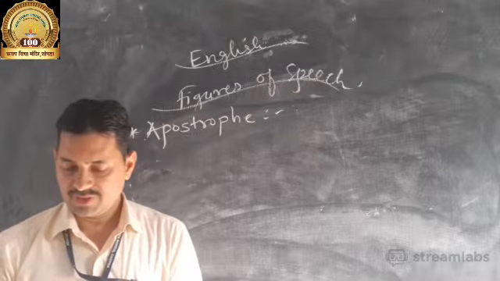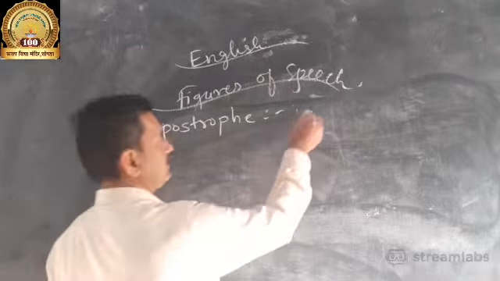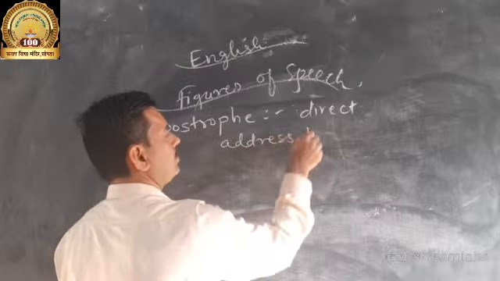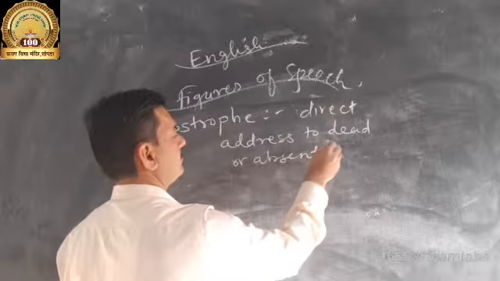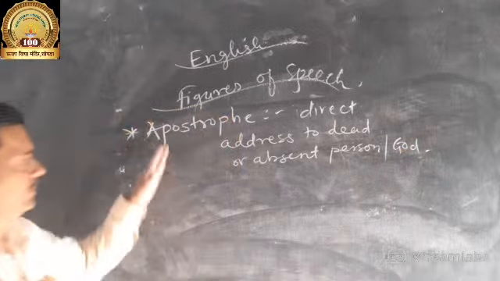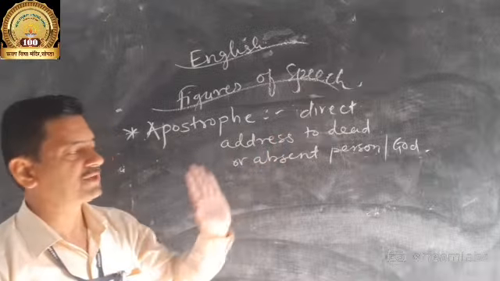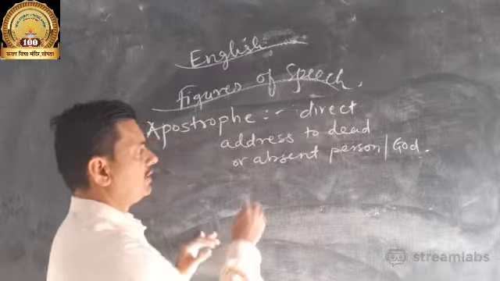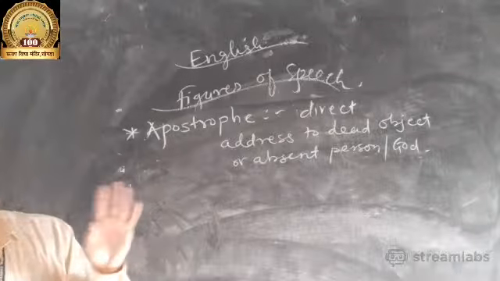Here you can see: direct address to a dead or absent person or God. What is apostrophe? There is a direct address to the dead or absent person, or maybe one can say a dead object, or an absent person, or God.